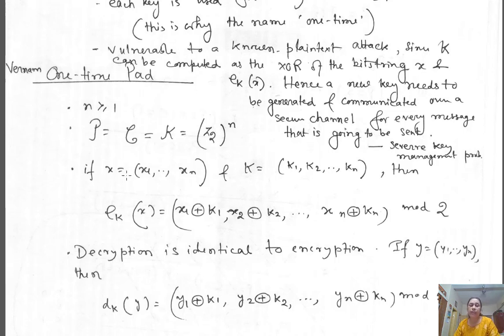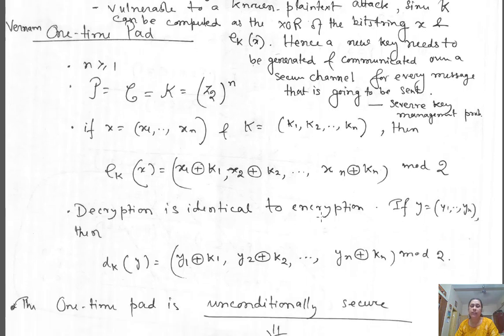If x equals x1, x2, ..., xn, this n-tuple bit string is a plain text, and the key is k1, k2, ..., kn, then the ciphertext is generated in this way: x1 XOR k1, x2 XOR k2, ..., xn XOR kn. And XOR essentially means addition modulo 2. So this is the ciphertext generation.